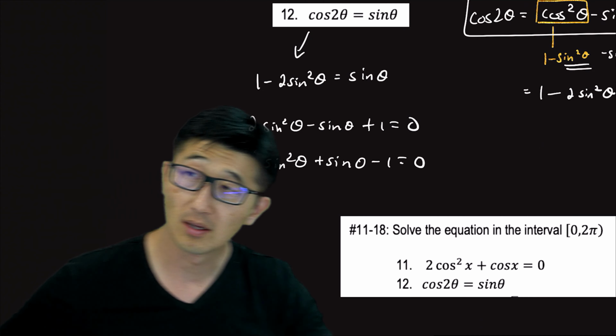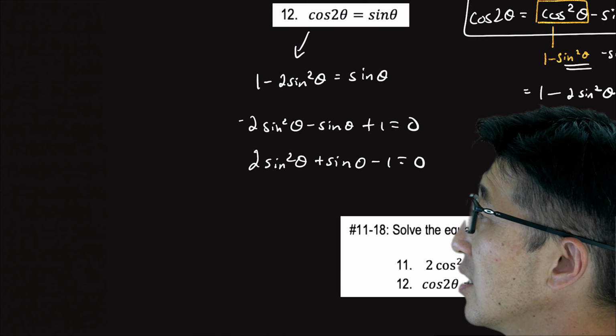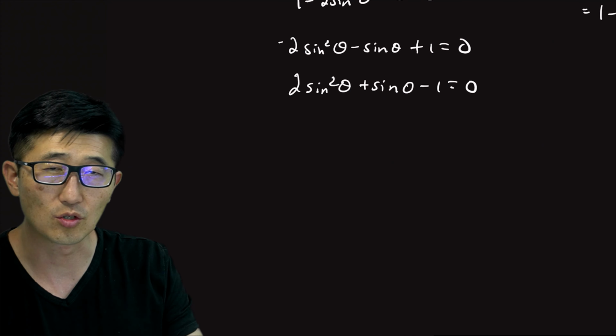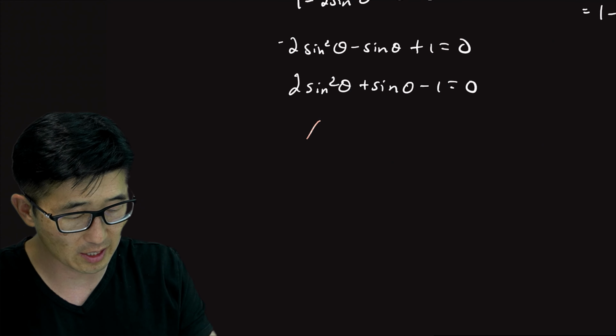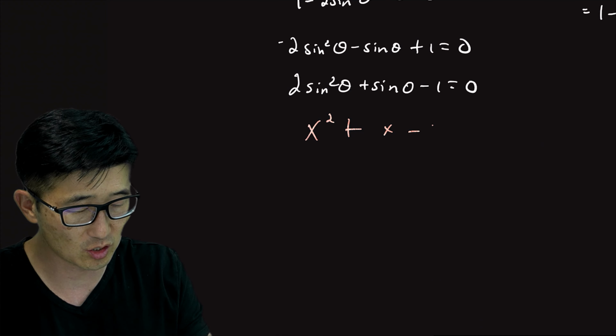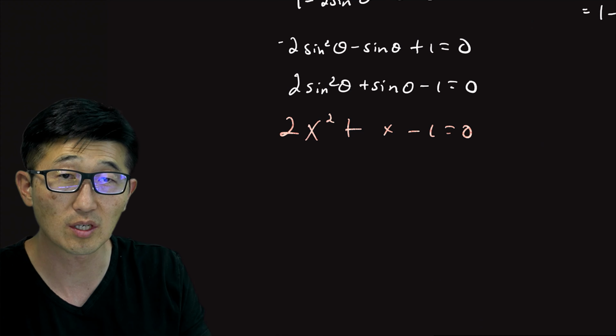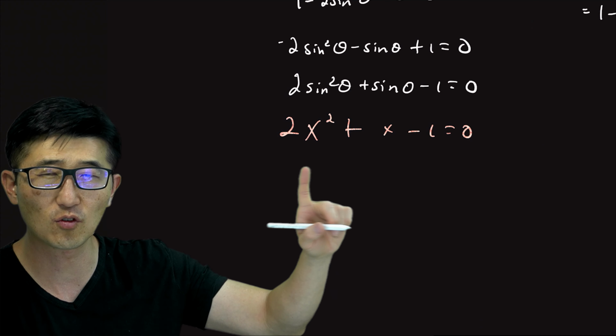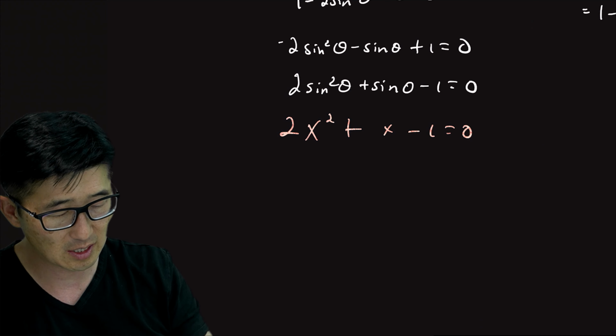Okay? Do that. Do you see how this is very similar to something like 2x squared plus x minus 1 equals 0? So if you get confused, you can revert to this format just to kind of work with it.